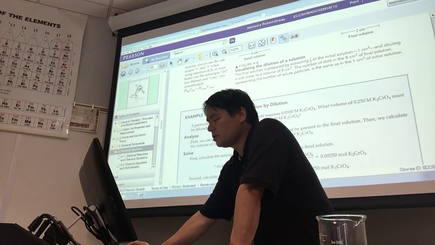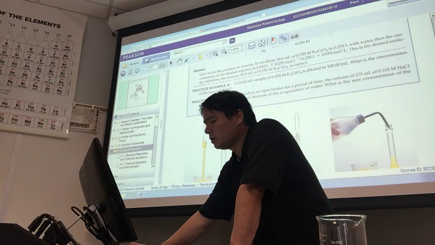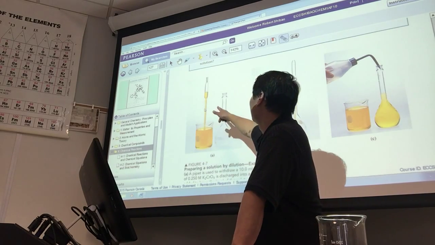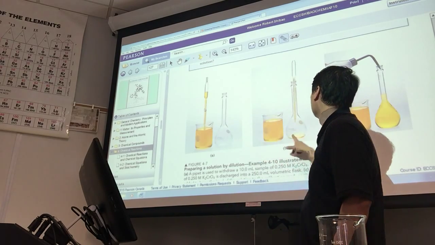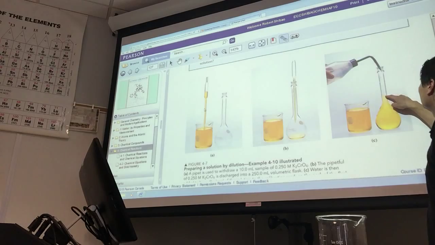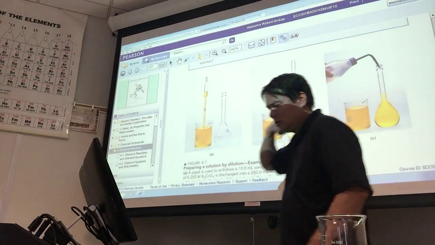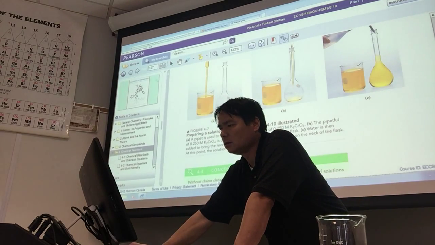And so solution dilution, this is more a practical component of chemistry. It's not real stoichiometry. Here's another solution dilution example using pipettes. You got to get good at using pipettes. So you pipette a volume over here, and then dilute it with water to the mark. You can't overshoot this, because if you overshoot it, then you don't know what the concentration is. There's only one mark on there.